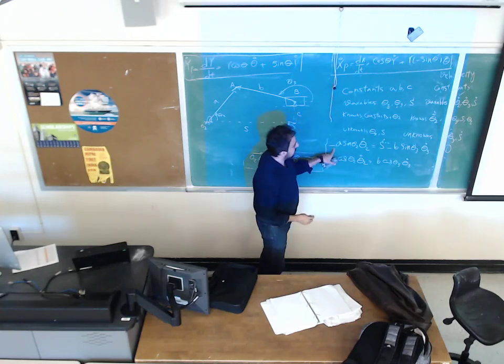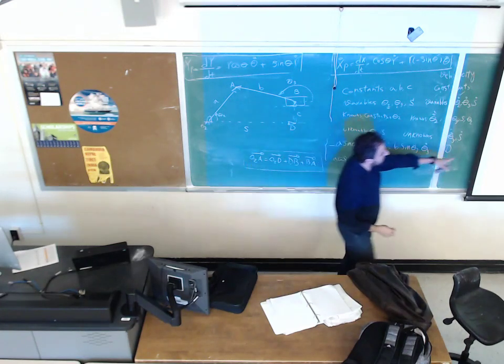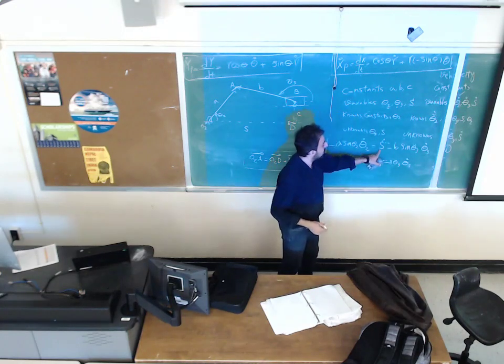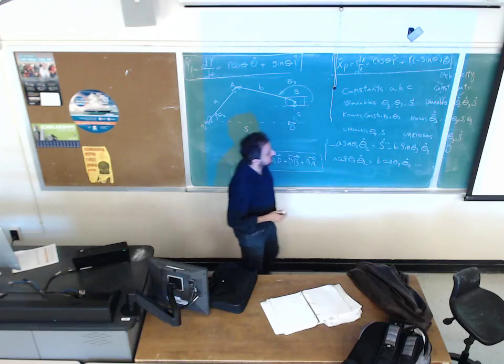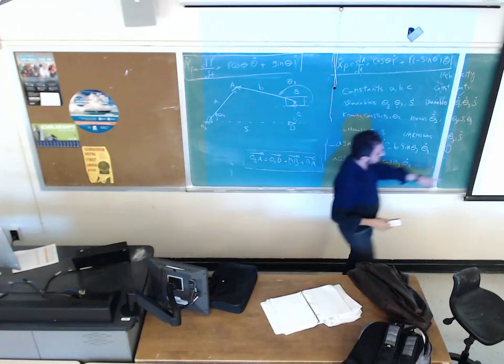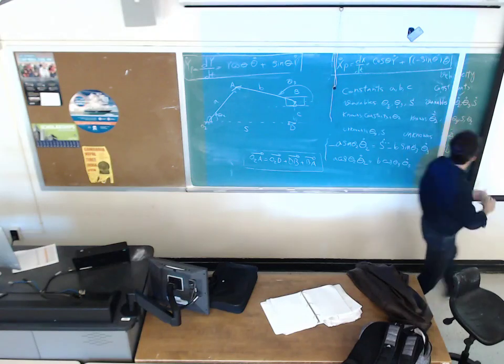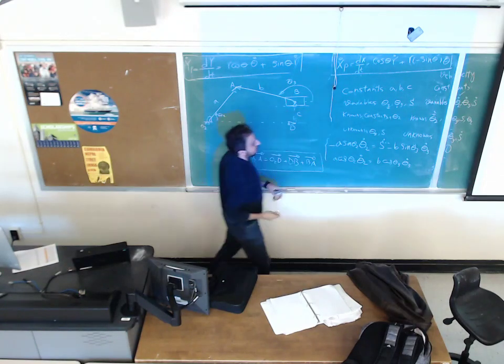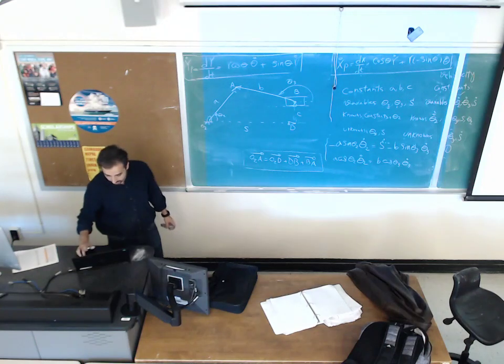This represents the first equation, negative a theta dot 2 sine of theta 2 equals d dot, or s dot, minus b sine of theta 3, theta dot 3. And the second one is this. The unknowns are theta dot 3 and s dot. We have two equations and two unknowns, so we can solve for that.